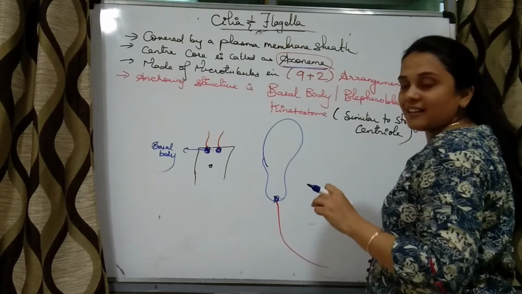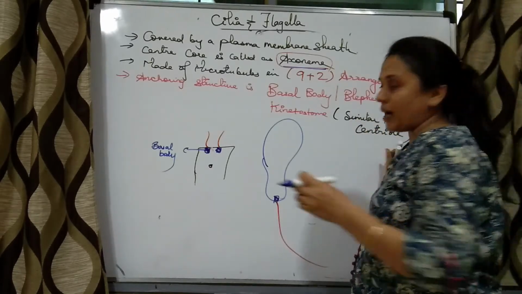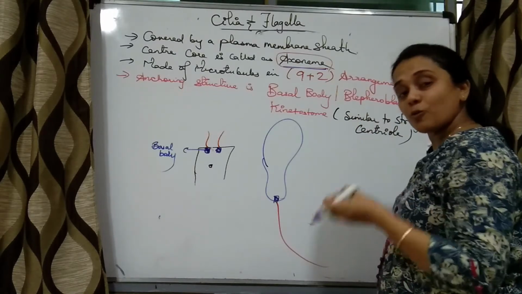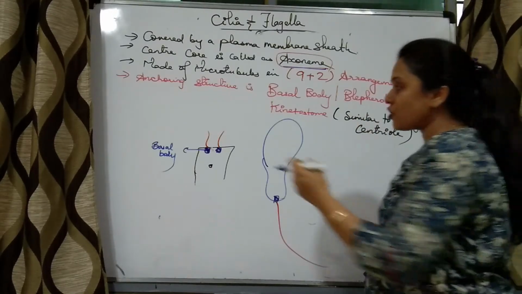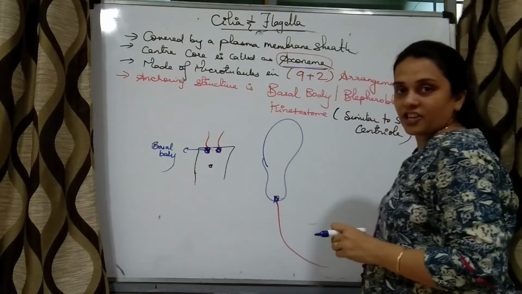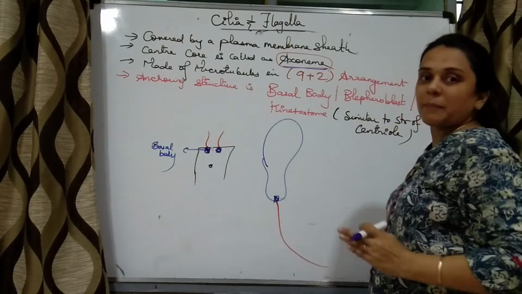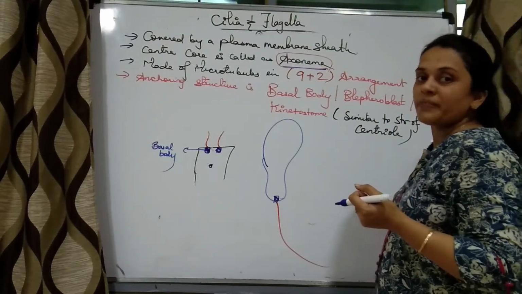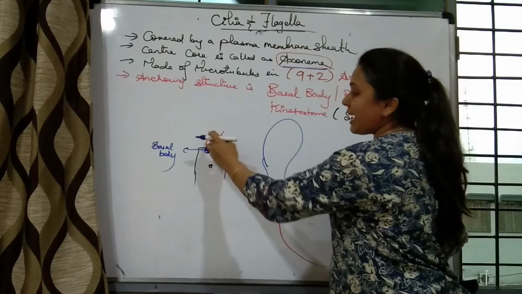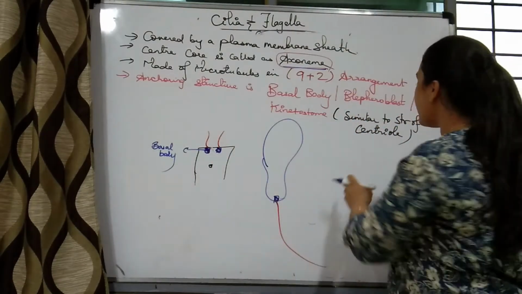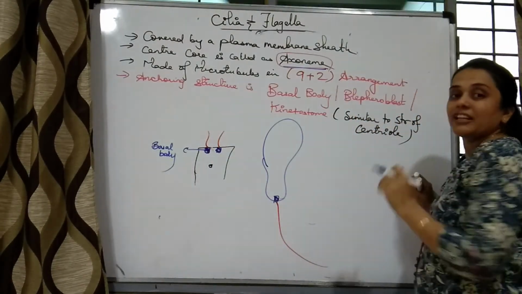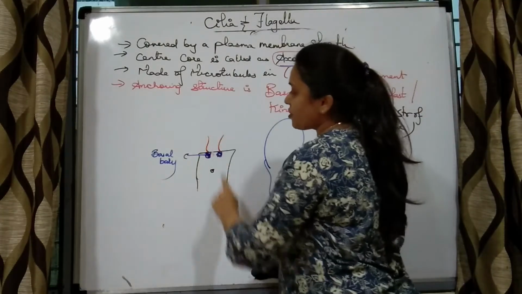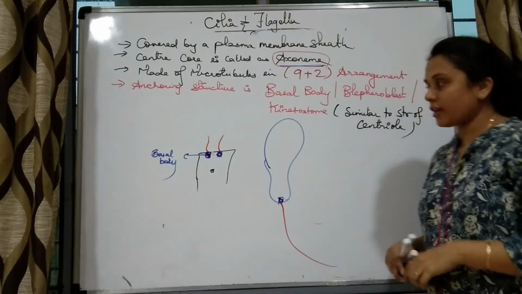So cilia actually have two parts: the basal body, the anchoring structure whose structure is similar to the centriole, and this hair-like projection, which is covered by plasma membrane with the center core called the axoneme.